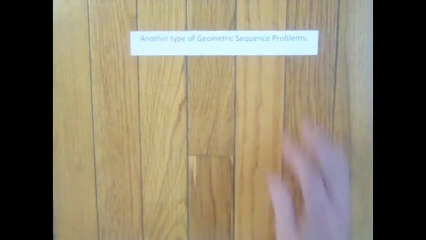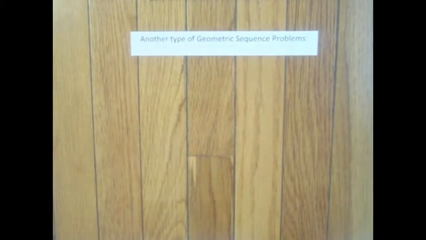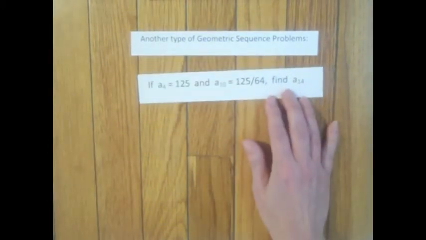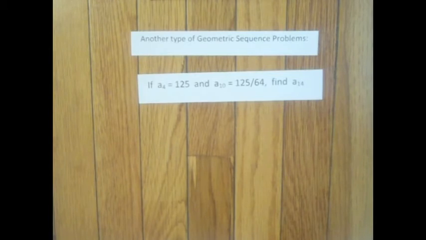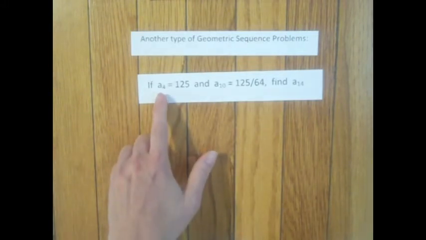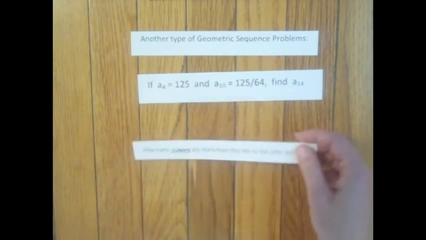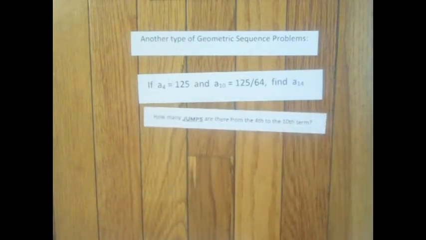Another type of geometric sequence problem is something like this. If a sub 4 equals 125 and a sub 10 equals 125 over 64, find a sub 14. So just like with the arithmetic sequences, we're going to focus on jumping. How many jumps are there to get from the 4th term to the 10th term? 6.